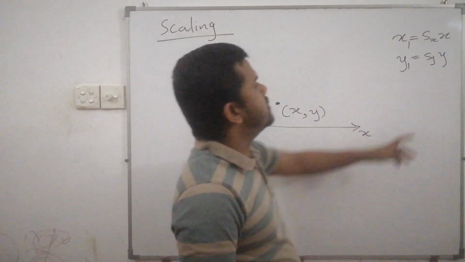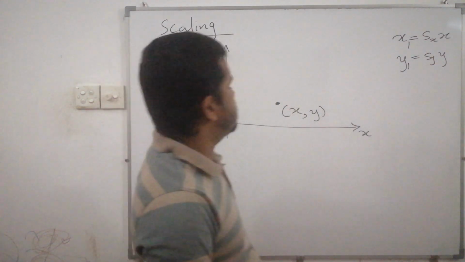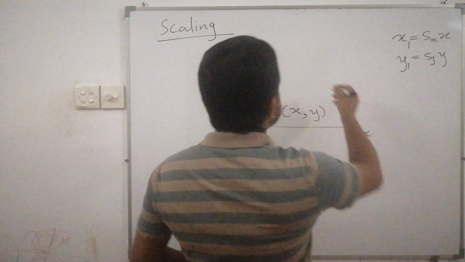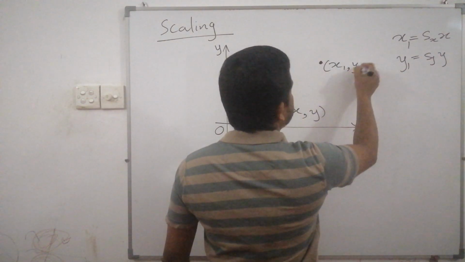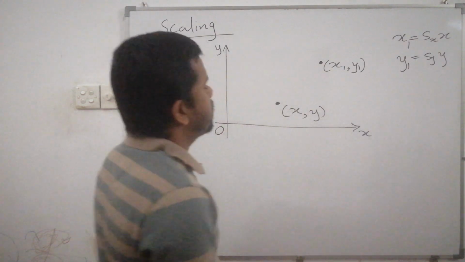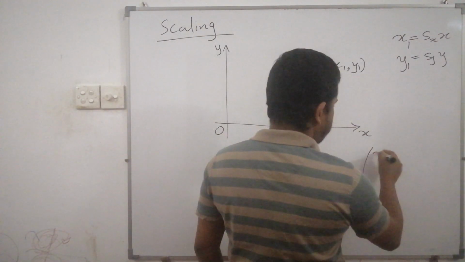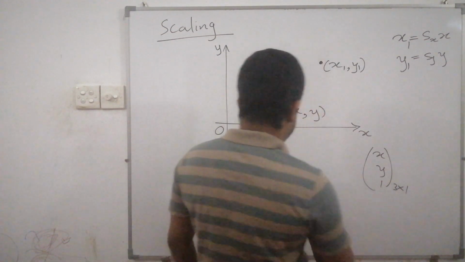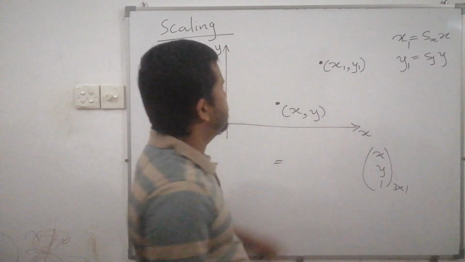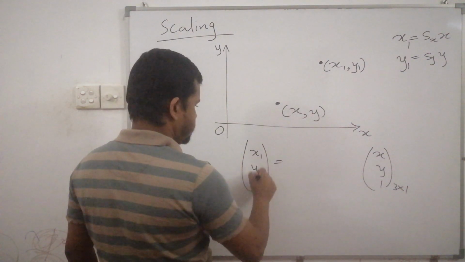So sx and sy are called scaling factors. So let's say here we have x1, y1. Now if we represent this point using a matrix, it is like this, and if we represent this point, it is like this.